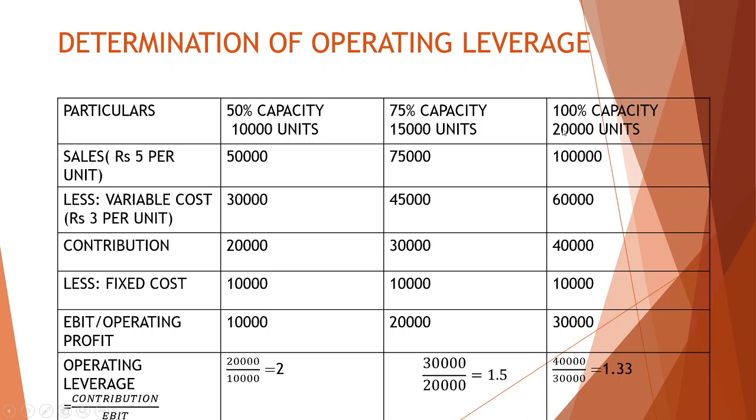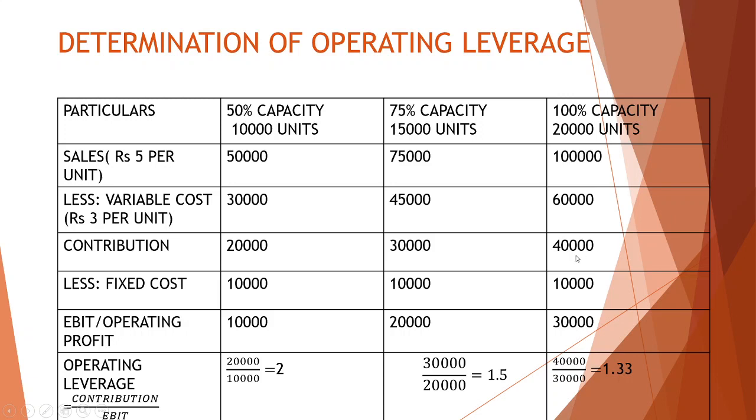Now the third situation, 100% capacity, which means we are producing 20,000 units. When we are producing 20,000 units, the sales amount will be 20,000 units multiplied with rupees 5 per unit, which is 1 lakh. Less the variable cost, 20,000 units multiplied with 3 per unit, 60,000.